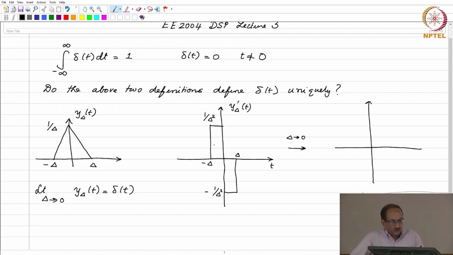For each of these rectangular pulses, each part becomes skinnier and skinnier, taller and taller, and in the limit this is how it is depicted.